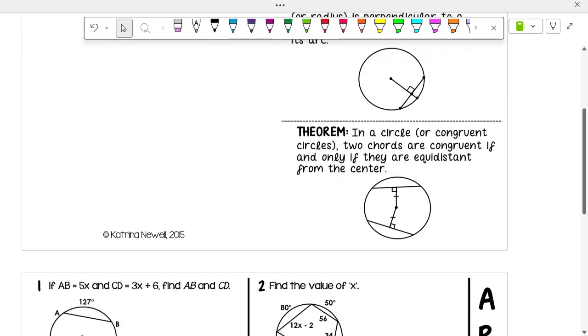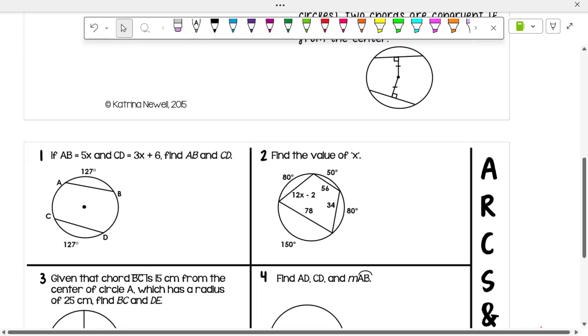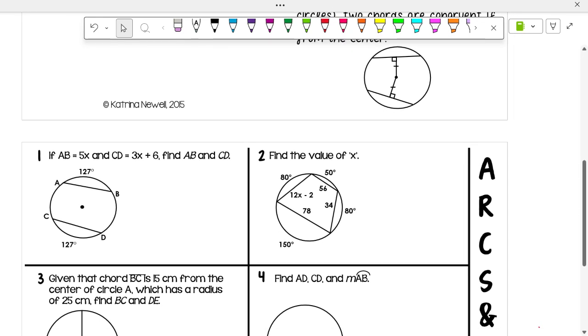All right, so let's look at questions 1 and 2 on the inside. It says, if segment AB is 5x and CD is 3x plus 6, find AB and CD. So we're trying to find the lengths of them. Now, what's going to be true about those two chords?